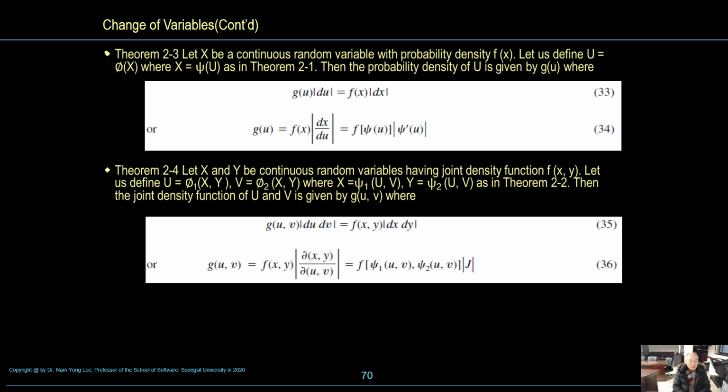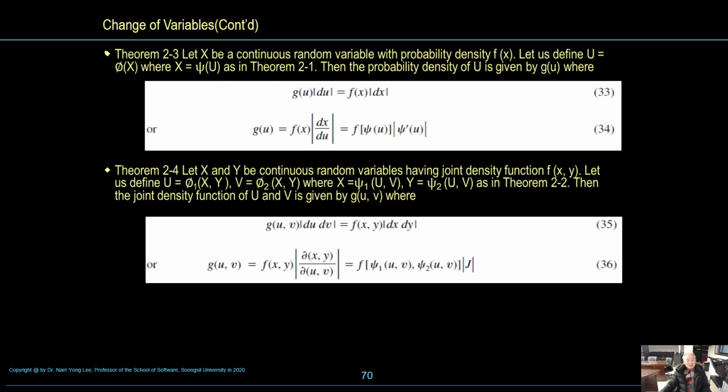Theorem 2-4. Let X and Y be continuous random variables having joint density function f(x,y). Let us define U = φ1(X,Y), V = φ2(X,Y), where X = ψ1(U,V), Y = ψ2(U,V) as in Theorem 2-2.